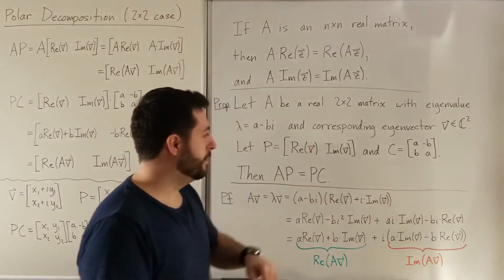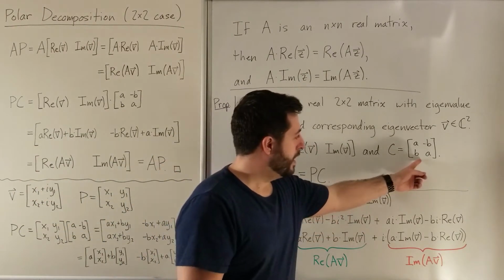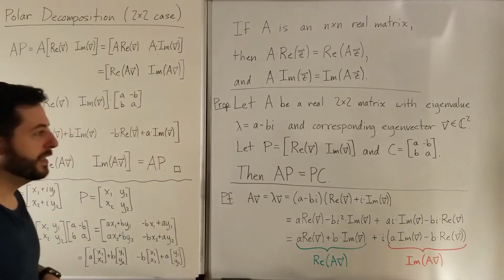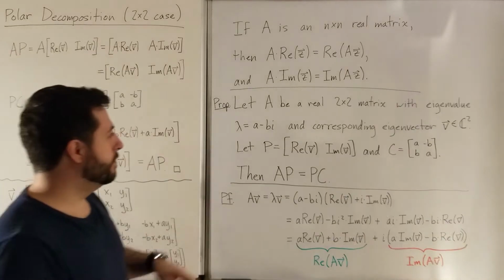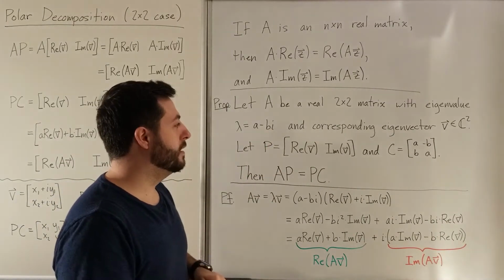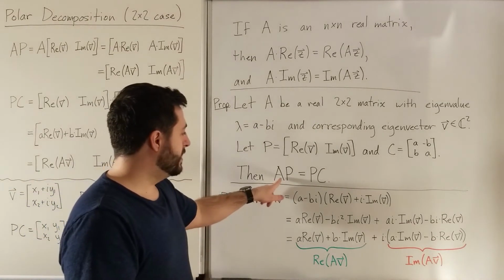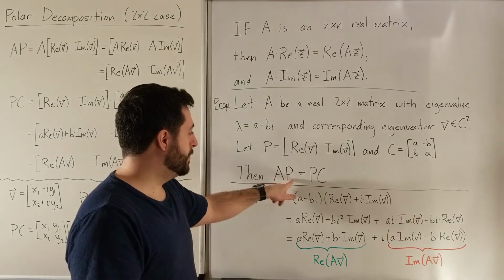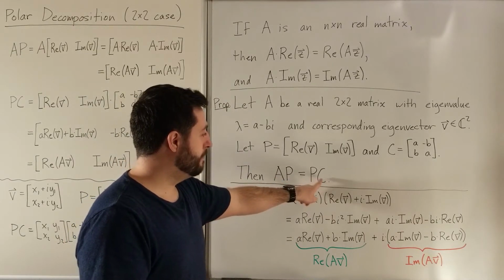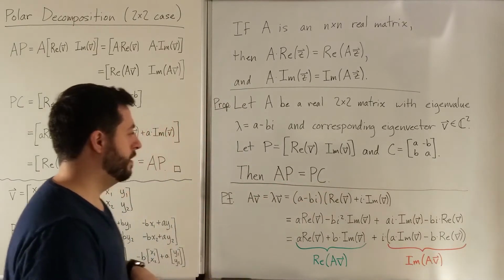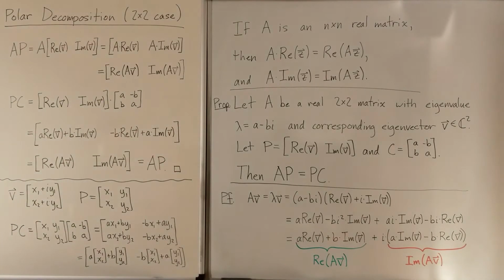Okay, so P is a real matrix. And C is this matrix over here, made up of real and imaginary parts of lambda. Okay, and the proposition is that if you multiply A times P, then that's the same thing as P times C. So let's see why that works.